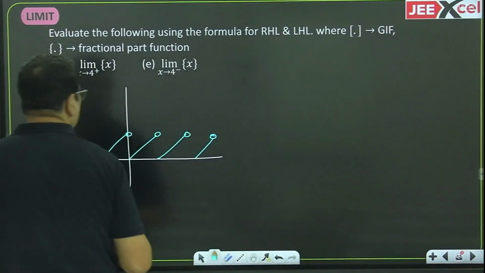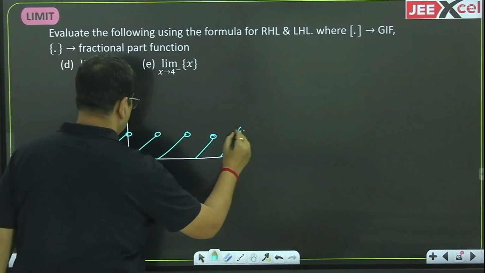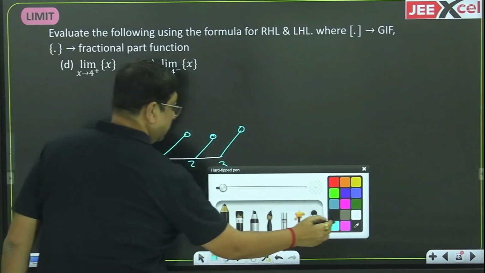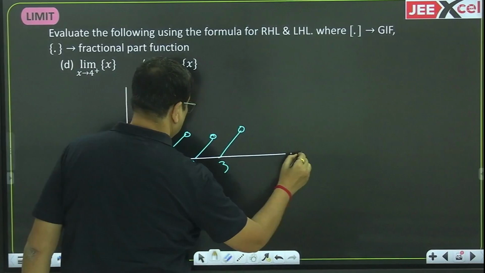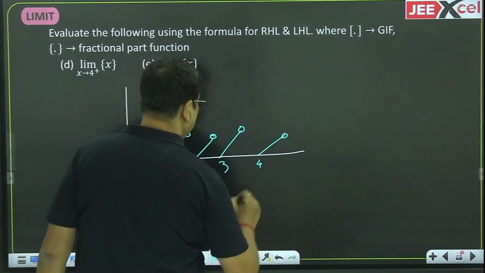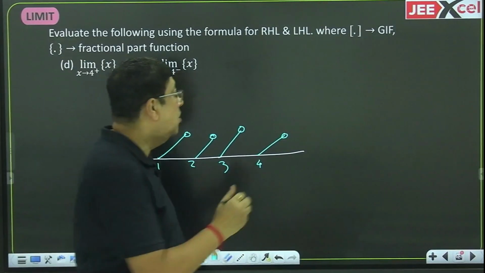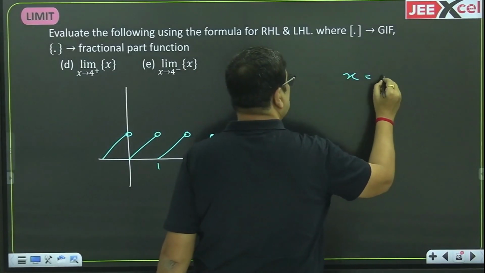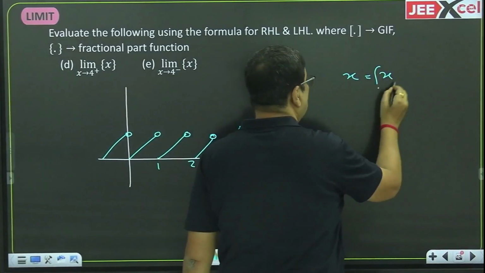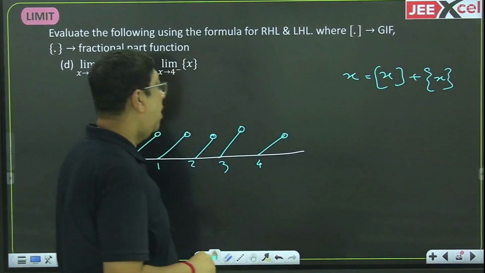So let us do one thing: limit x tends to 4 plus. There are a number of ways to solve the sum. As we know, x is a real number and has two parts, box x and fractional x, the box part and the fractional part.